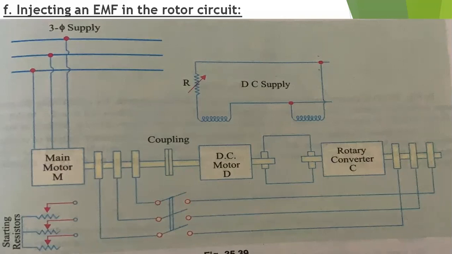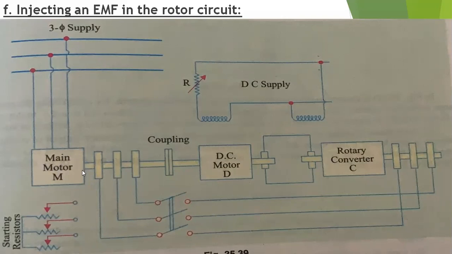This DC power is used to drive a DC shunt motor D. The DC shunt motor is mechanically coupled to the main motor M, and the main motor is coupled to the shaft of the DC motor.